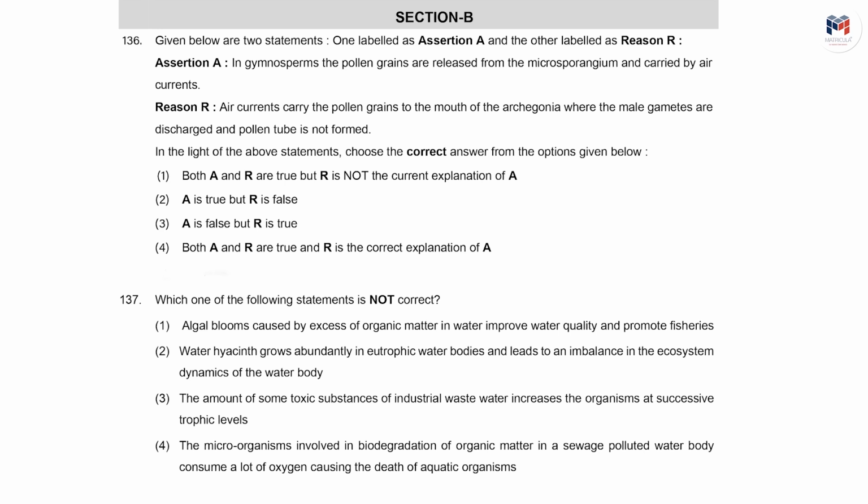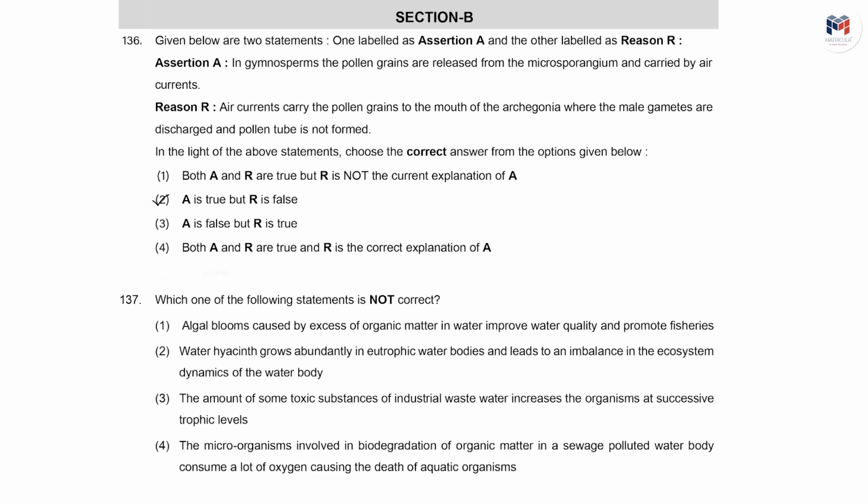Reason R: Air currents carry the pollen grains to the mouth of the archegonia where the male gametes are discharged and pollen tube is not formed. In the light of the above statements, choose the correct answer from the options given below. The answer is option number 2. A is true but R is false.